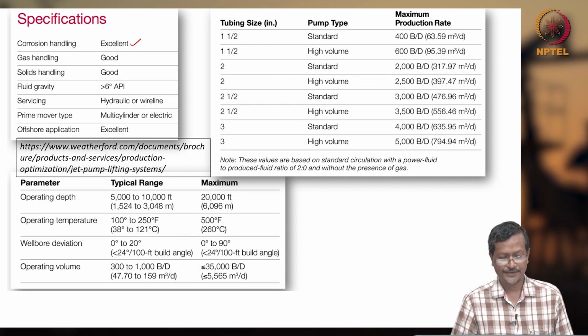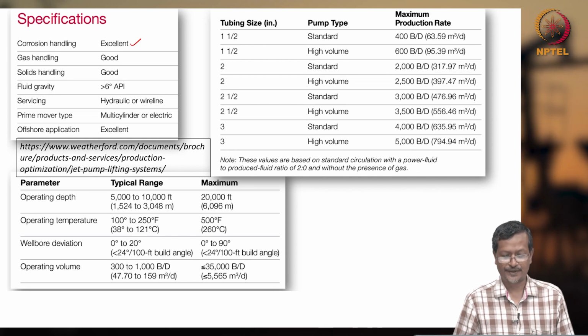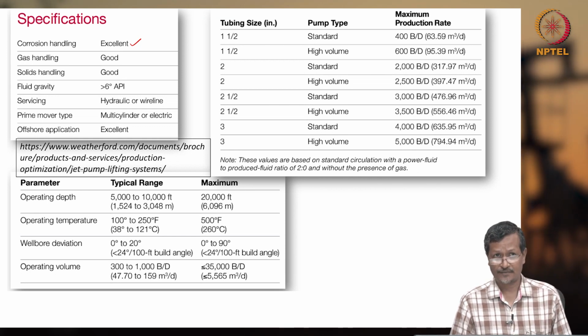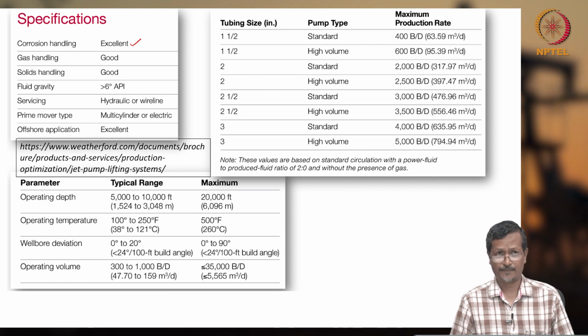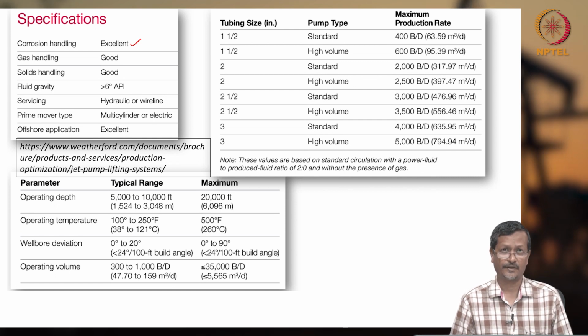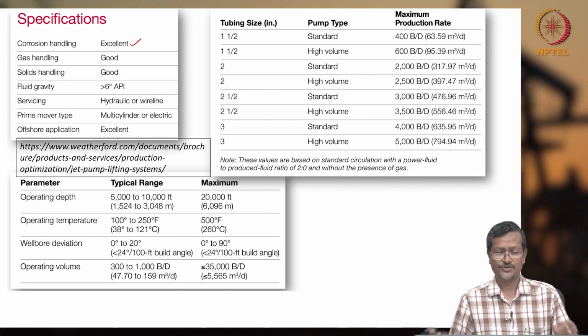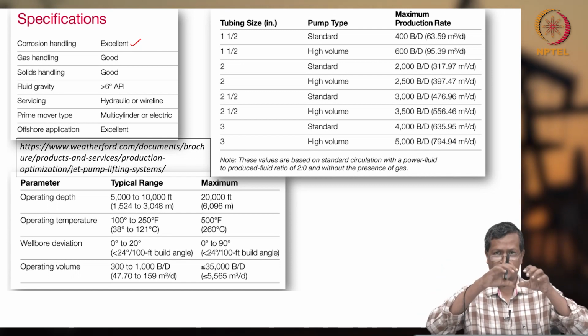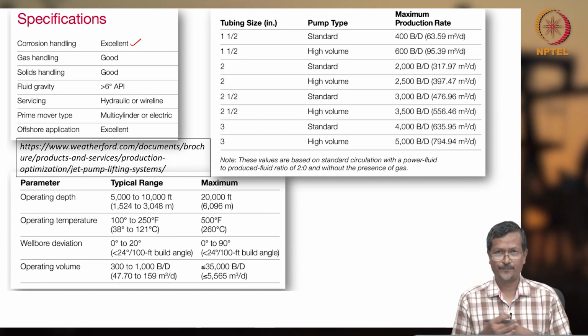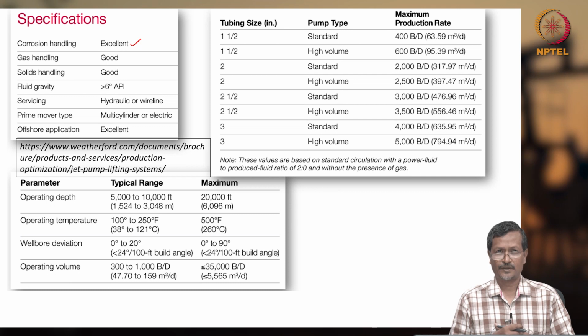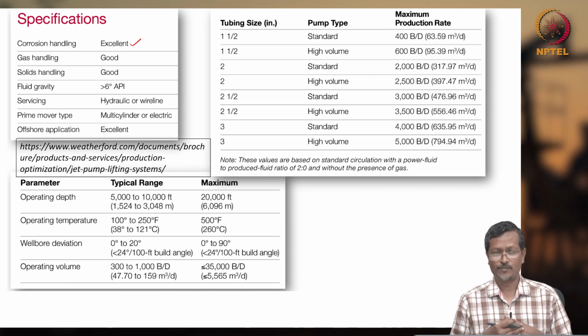If you see the operating range, it goes up to 20,000 feet, because PCP and others are hampered and cannot handle 20,000 feet, but the jet pump can. Operating temperature can also be very high, because this jet pump nozzle system has no non-metallic part; it is completely metal.